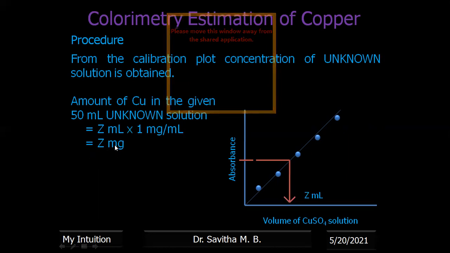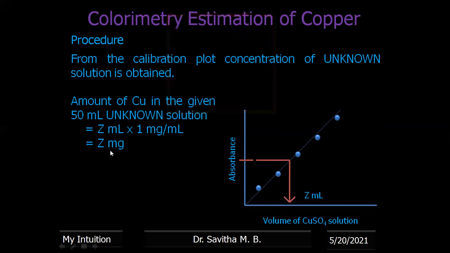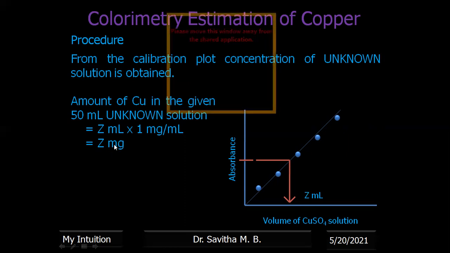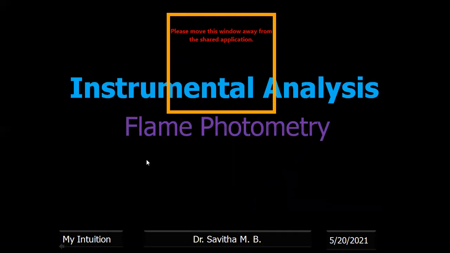This volume may not be equal to the mass in mg if 1 mg of copper is not taken per mL. Sometimes you prepare a solution by taking 2 mg, then this will be 2Z. So depending upon the stock solution, this will vary. This is colorimetry.